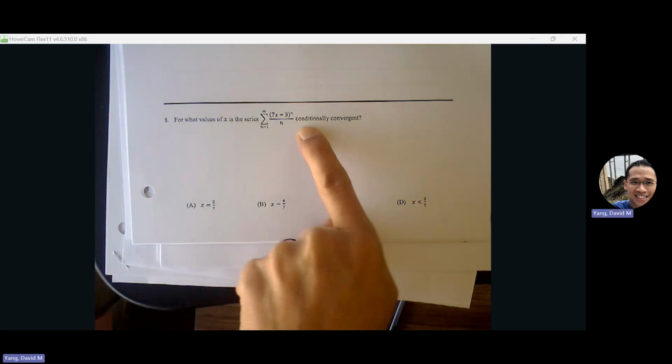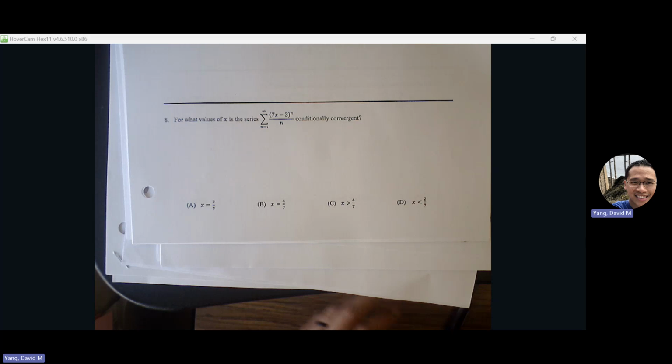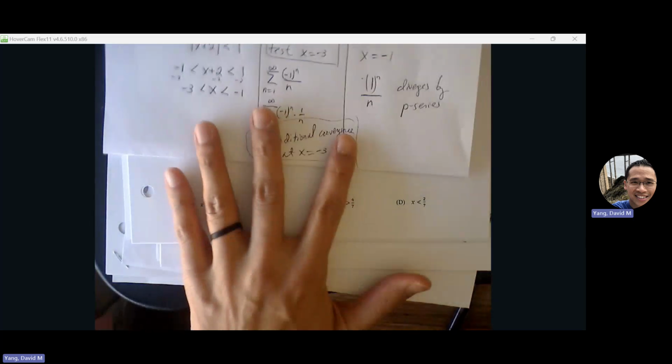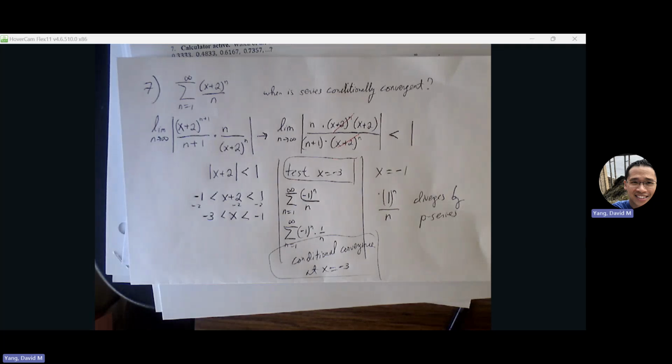All right, try that process. See if the process makes sense to you. So page 7, number 8. Go through a ratio test, set up your conditions, and see if what we did for number 7 makes sense. I'll leave number 7 up here on the board if you want to check the steps here, but similar process.